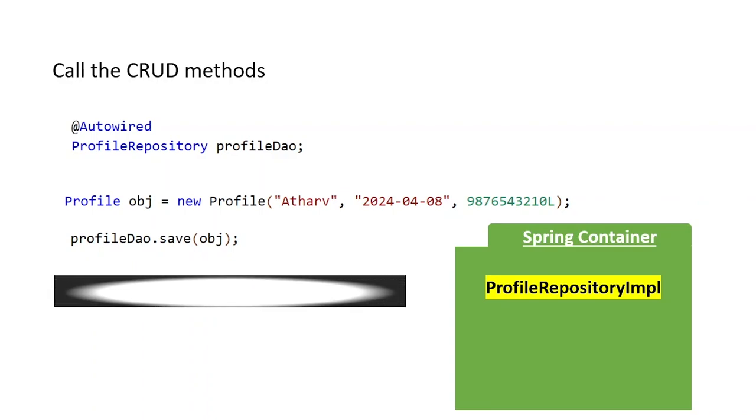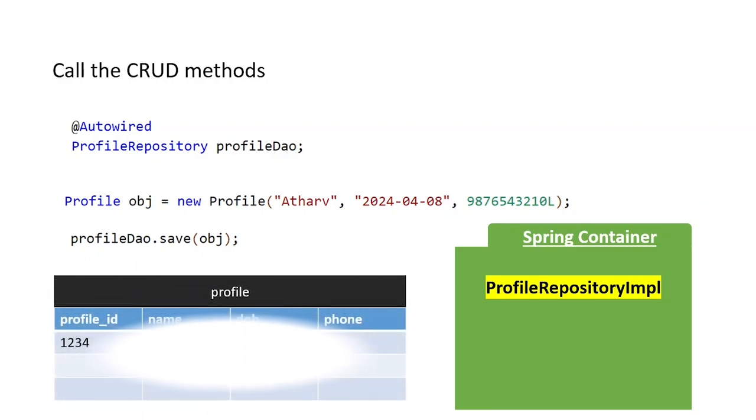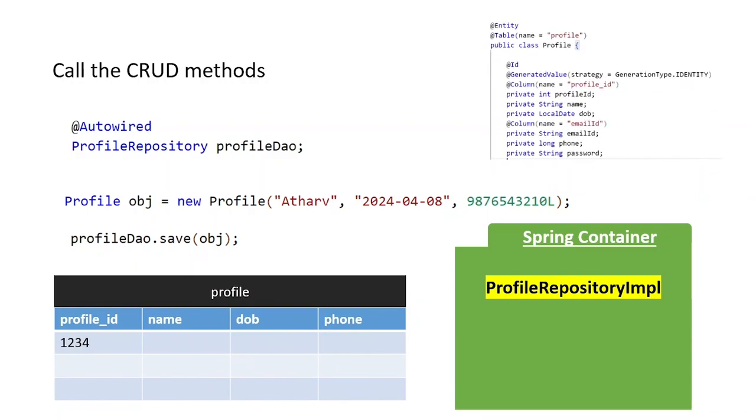So it is going to map that object to this profile table by automatically generating the profile ID. It is going to look for the table metadata from the entity class and maps the properties to the name, DOB, and phone number.